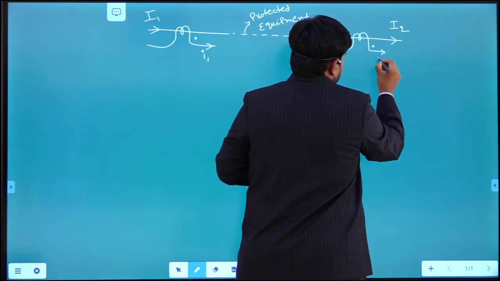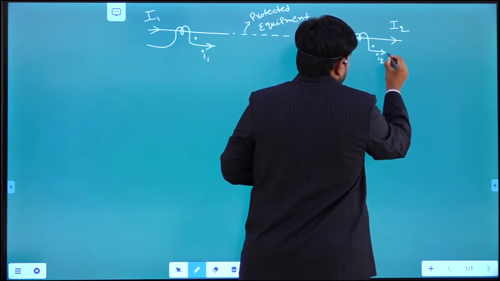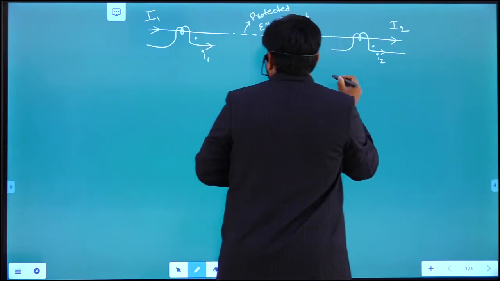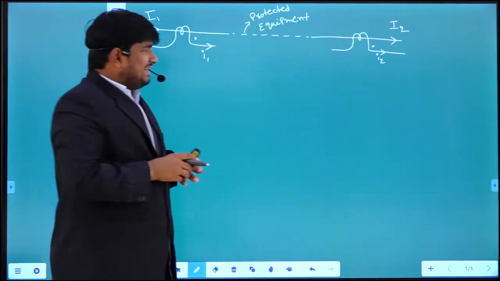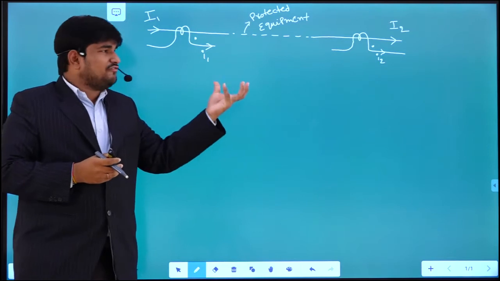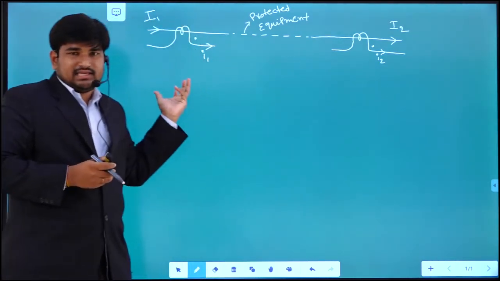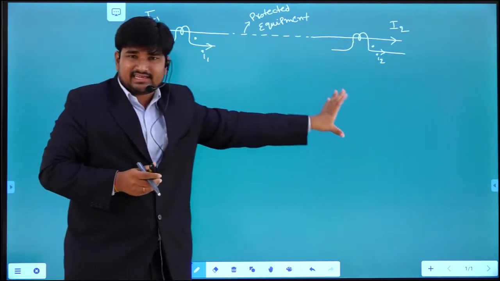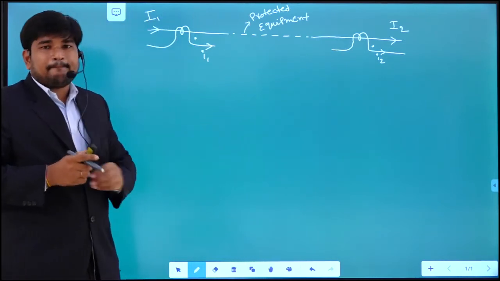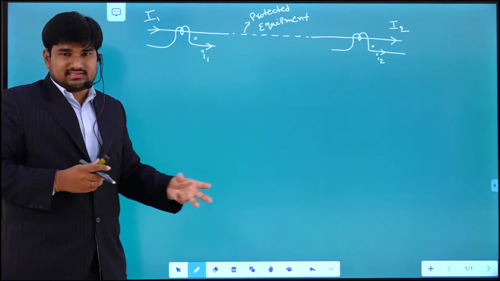So the current is I2. Now, in case of the differential relay, what we will do is differentiate these two quantities. That means we will connect these two quantities by using pilot wires.